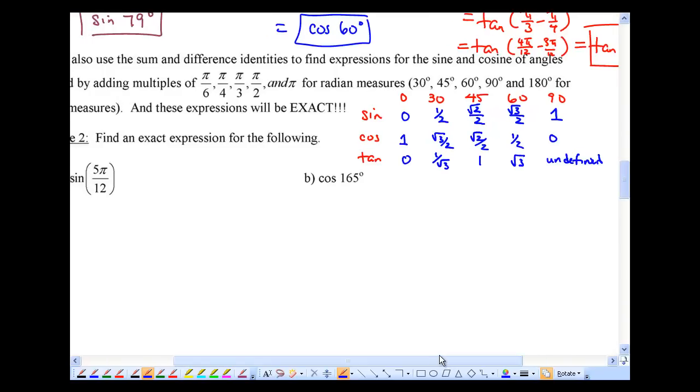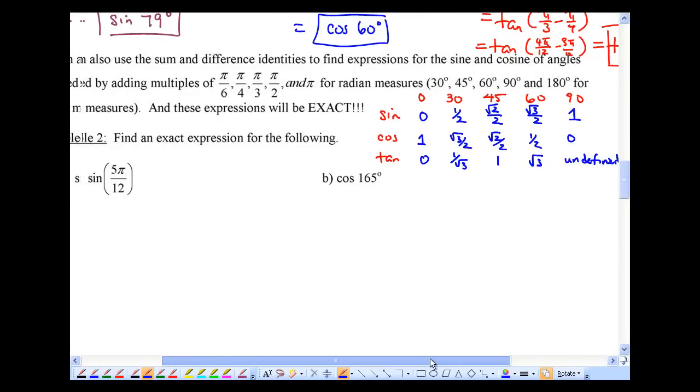All right, so how are we going to do stuff like this? It says find an exact expression for the following: sine of 5 pi over 12. Wow, how can we create 5 pi over 12? Either by adding things together or subtracting things together. Now, the key here is to use one of these special angles to help us out, because we know the exact values for the special angles.